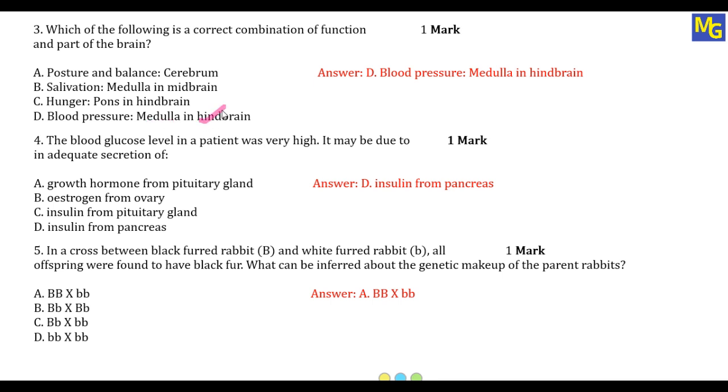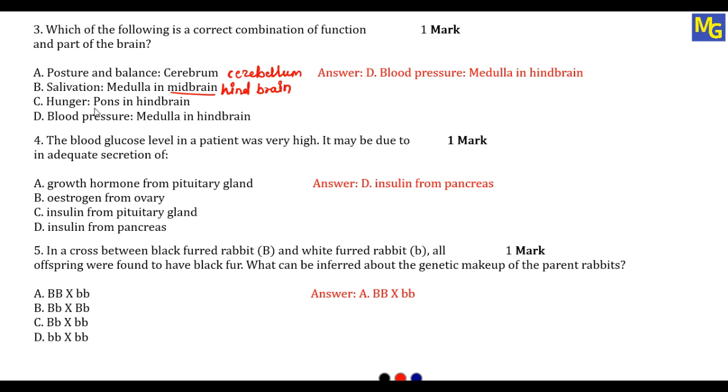The correct option is D, because posture and balance is the function of the cerebellum, not the cerebrum. Salivation is a function of medulla in hindbrain, not midbrain, so that is also wrong.